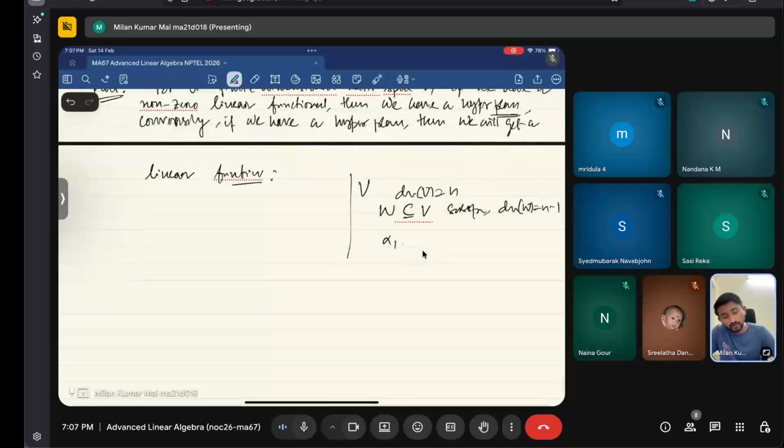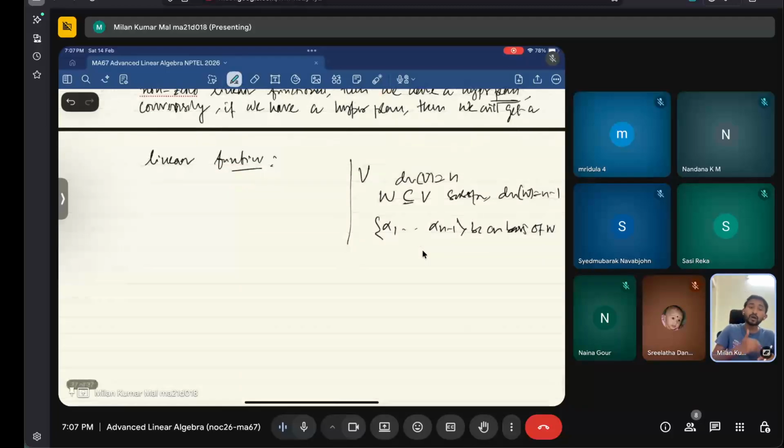So let us take alpha 1 all the way to alpha n minus 1 to be a basis of W. If I want to get a basis of V, we can extend that basis.